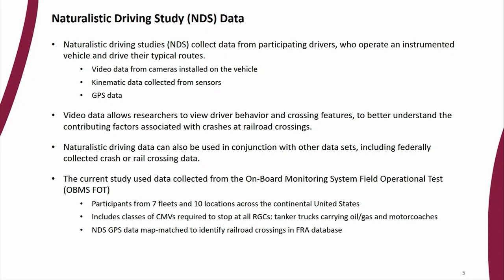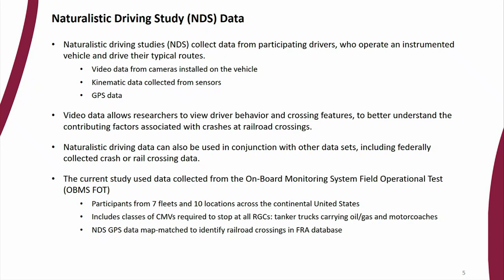So VTTI's main source of data is naturalistic driving data, where we ask participants in a study that usually has some research goal if we can install cameras and sensors on their personal vehicle, or their work vehicle for trucks, and ask them to drive as they normally would. So it's not a planned experiment where we're usually implementing some sort of treatment.